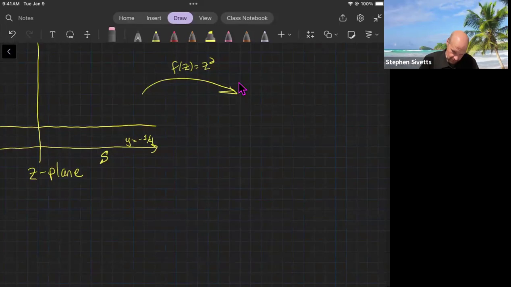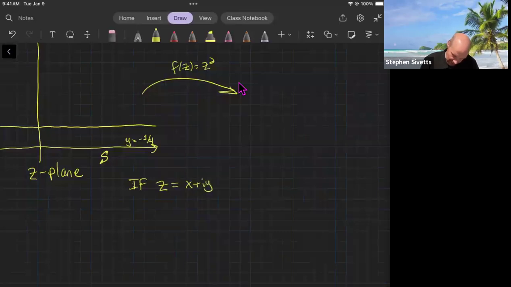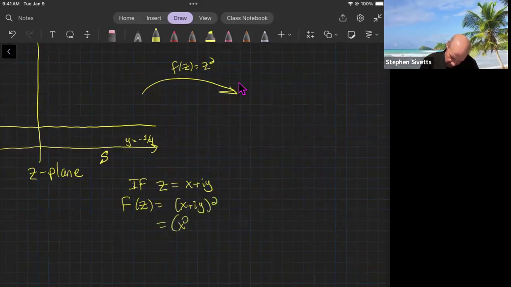If z is equal to x plus iy, then the function equals x plus iy squared, which equals x squared minus y squared plus i times 2xy.